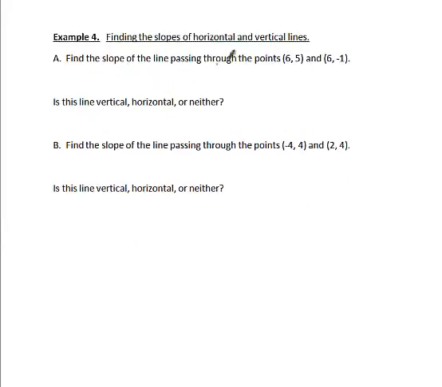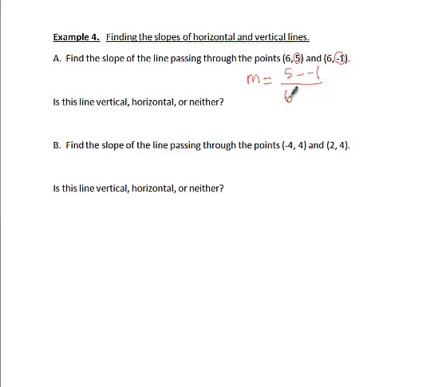Example 4 says find the slope of a line passing through the points (6, 5) and (6, -1). To calculate the slope, we just simply pluck out the y's, and I will take 5 first and subtract the -1, the other y coordinate. Since I picked the 5 first for the y's, I now have to pick a 6 first for the x's on the bottom.